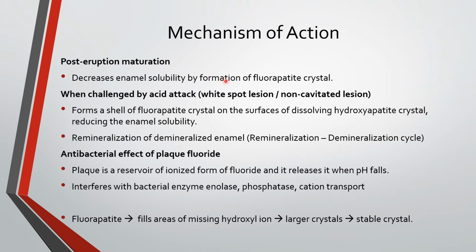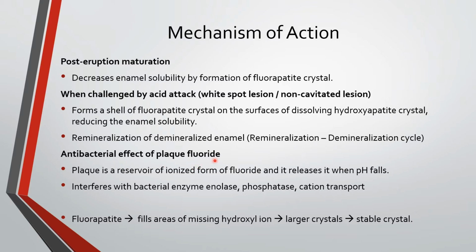So on a newly erupted tooth, when the tooth is challenged by an acid attack, if you apply topical fluoride, it forms a shell of fluorapatite crystal on the surface of the dissolving hydroxyapatite crystal, thereby reducing the enamel solubility, and therefore the caries progress is arrested, and the tooth tries to remineralize the parts which have become demineralized. And the last effect of topical fluoride is the antibacterial effect of the fluoride itself.